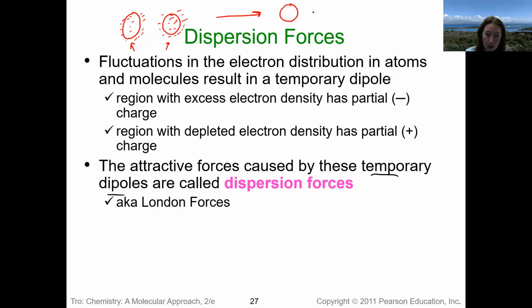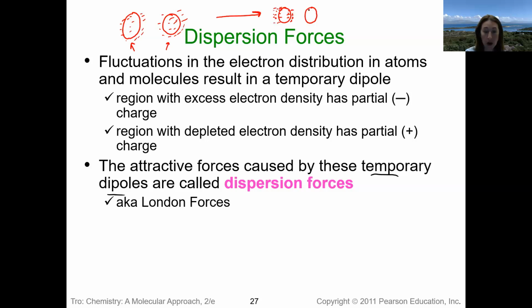So the electrons are going to move from one side to the other side. Well, when the electrons move to one side, that leaves the other side just the littlest bit positive.